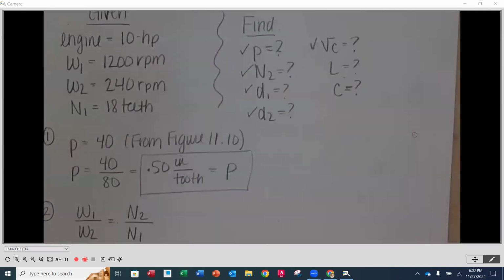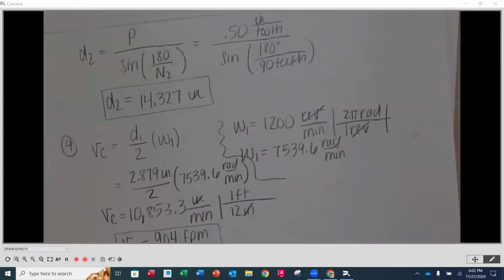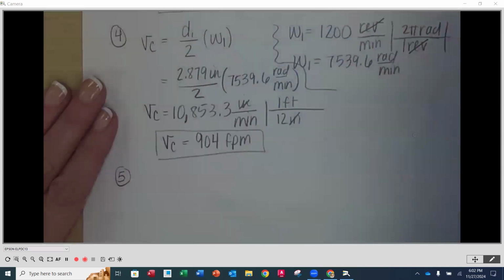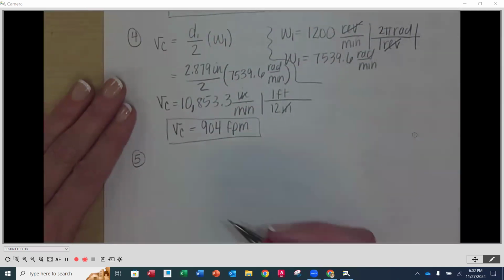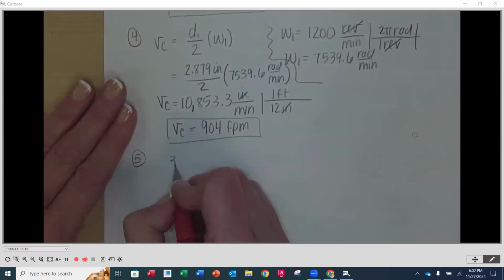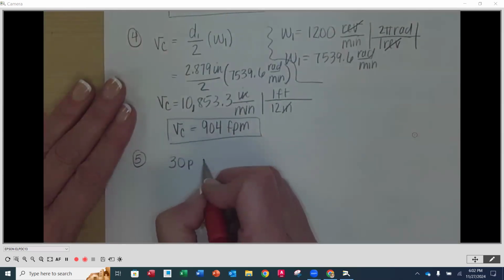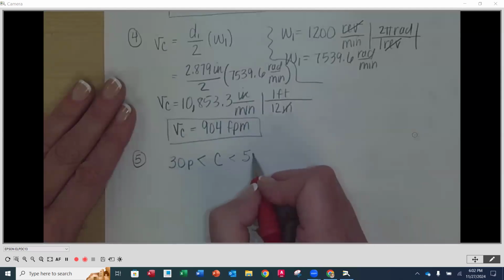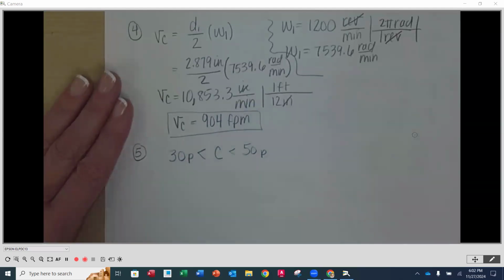Okay. So if I go here, step number 5. I need to pick a center distance. So I know that my center distance needs to be greater than 30 pitches, but less than 50 pitches. Now my pitch in inches, we are not going to put 40 here.